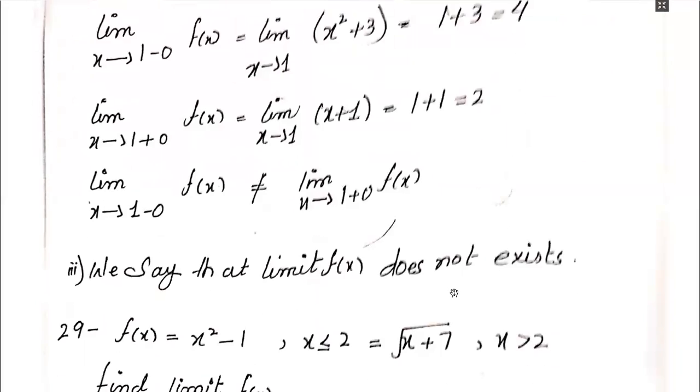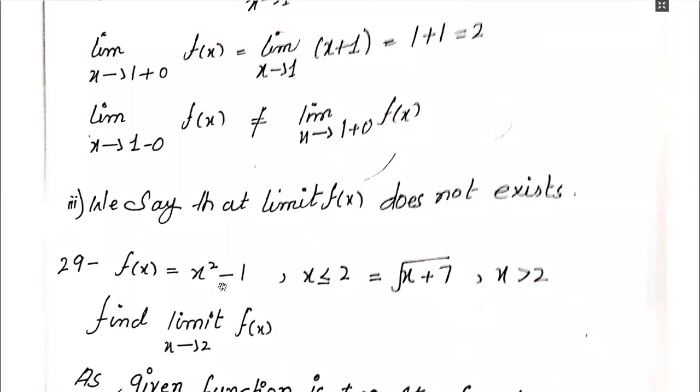Okay. Again, this is a two piece function. First piece is x square minus 1 when x is less than or equal to 2. Second piece f of x equal to radical x plus 7 when x is greater than 2. For the left hand limit, we will take this piece because x is less than or equal to 2.